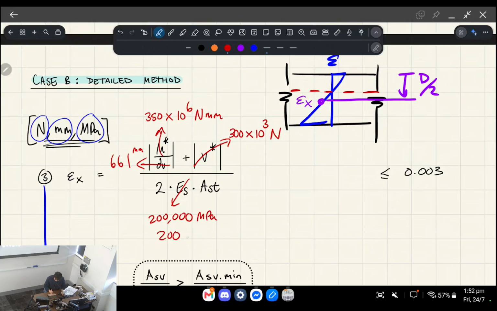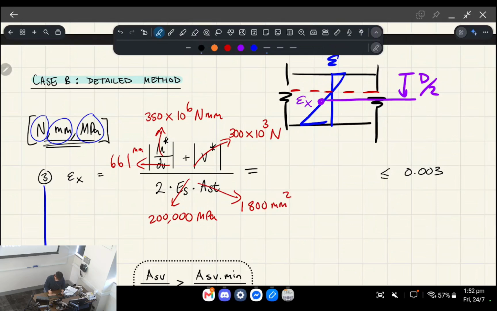Remember, 200 GPa is the same as 200,000 MPa. AST is the area of tensile steel. That's governed by flexural design, but for this question it's given already: 1800 millimeters squared.